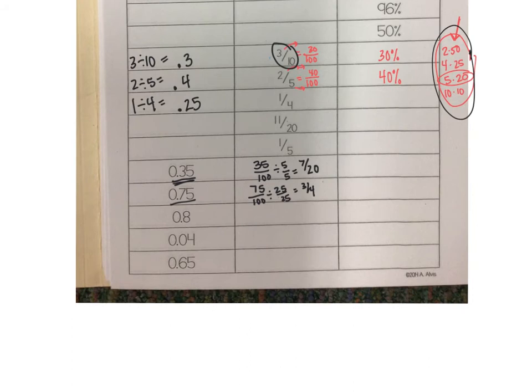So all I do is I take my decimal, 1, 2 places, 35%. 1, 2 places, 75%. I can do that for a number such as this. If I move the decimal 1, 2 places to the right, that's actually a percent larger than 100. It would be 115%.